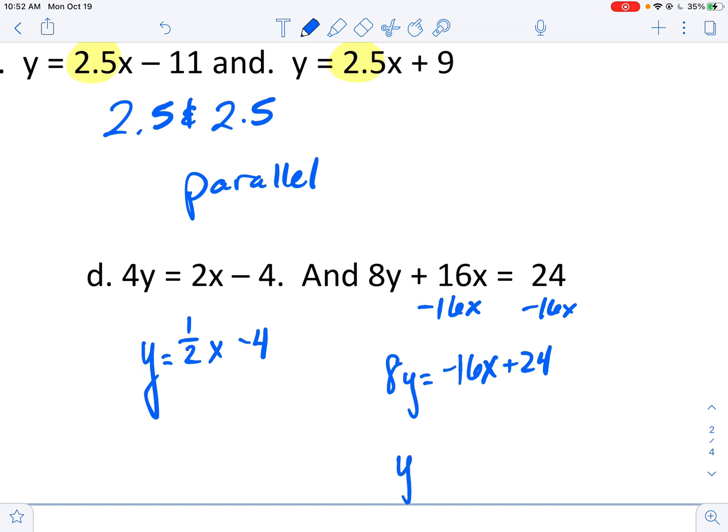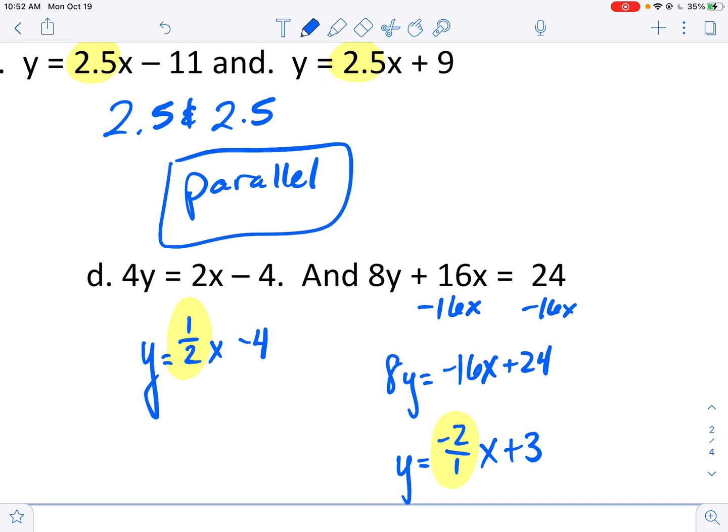And I'll get y equals negative 2 over 1x plus 3. And again, let's focus on those slopes. It looks like I flipped my fraction. And I threw a negative in there, which means that those would be perpendicular.